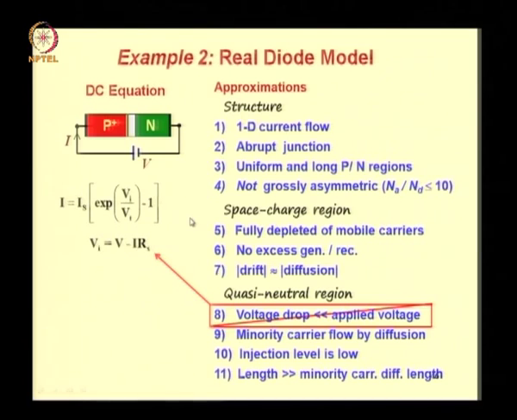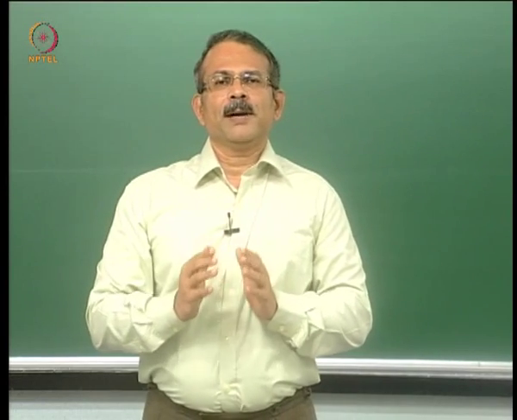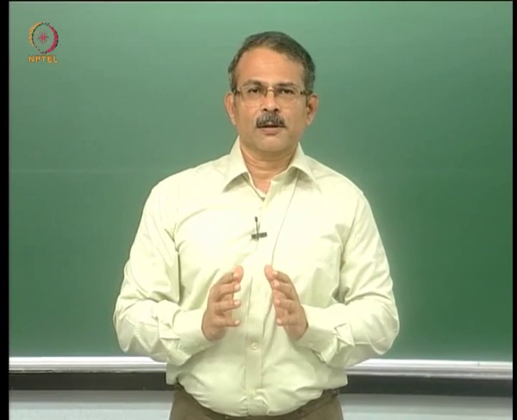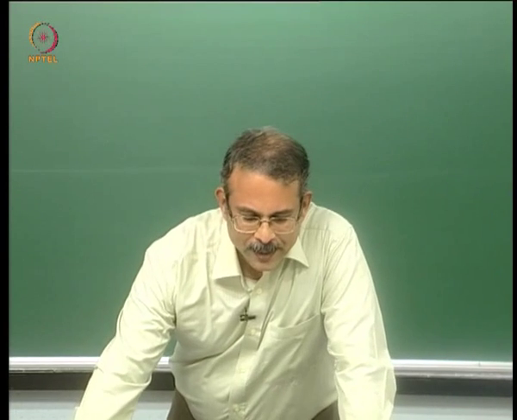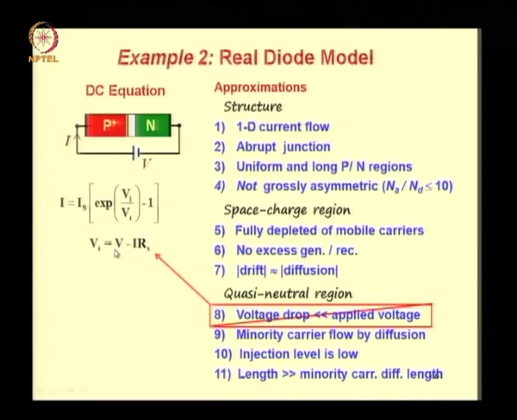So here we are using the symbols employed by the SPICE diode model. Vi is equal to the applied bias V minus the DC current I multiplied by a series resistance, which represents the voltage drop across the quasi-neutral N and P regions.